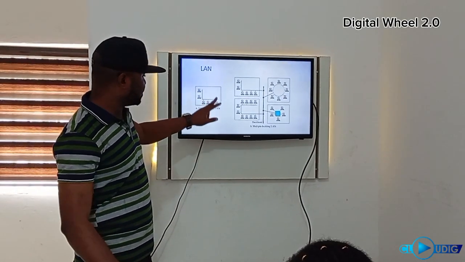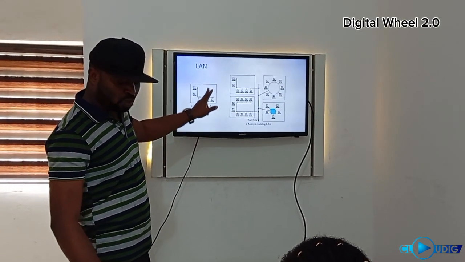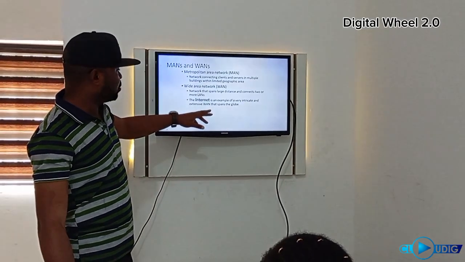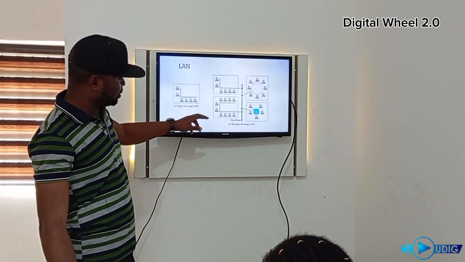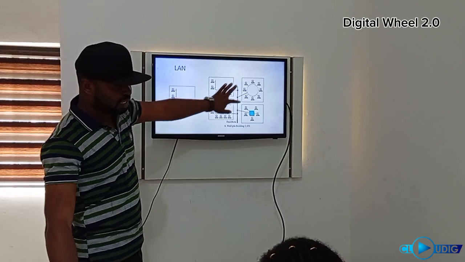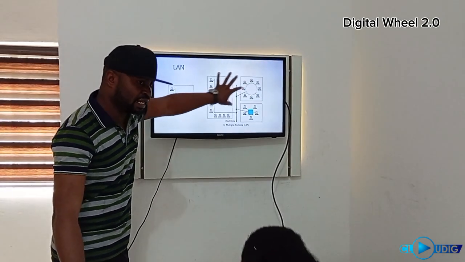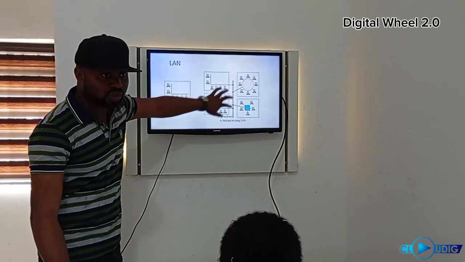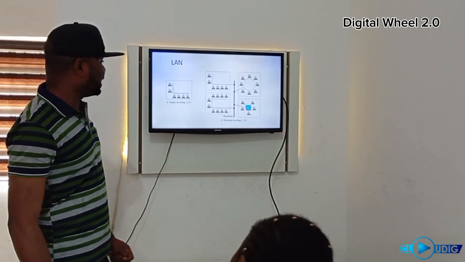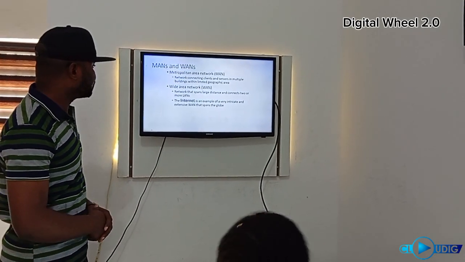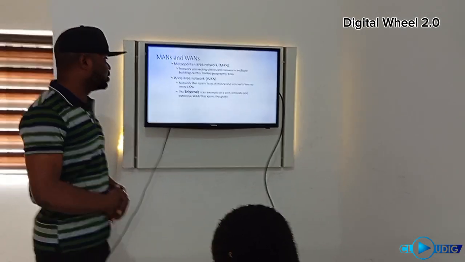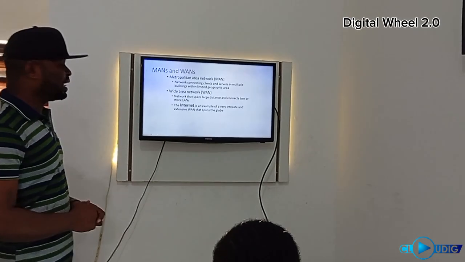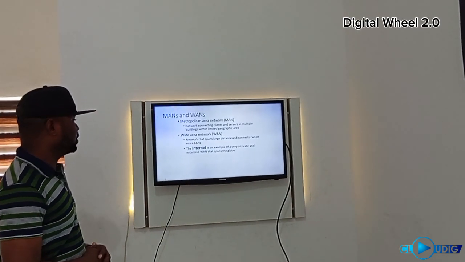Two or more LANs make a wide area network. So we can see the implementation that goes on here is a wide area network. A network that spans a large distance and connects two or more local area networks together is called a WAN.